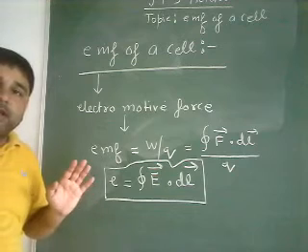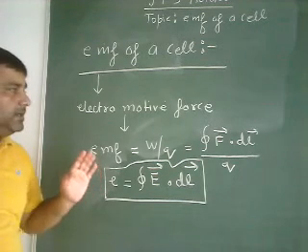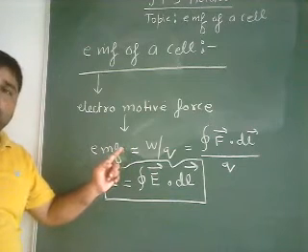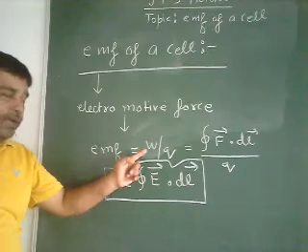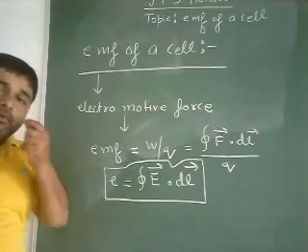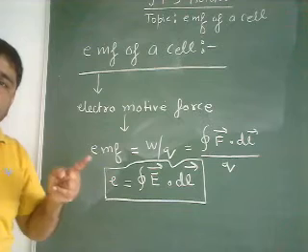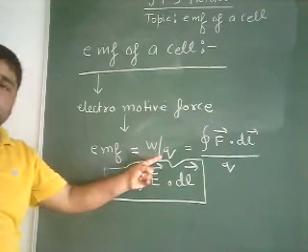Physically, EMF of a cell is equal to the amount of work done in taking q coulomb of charge through one complete rotation.